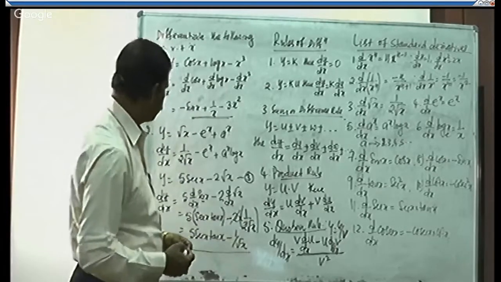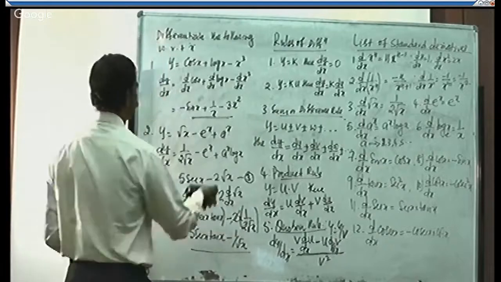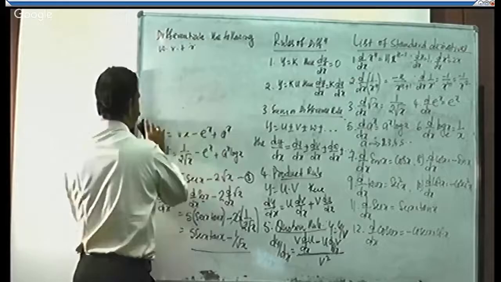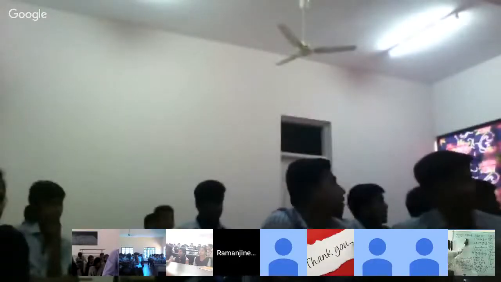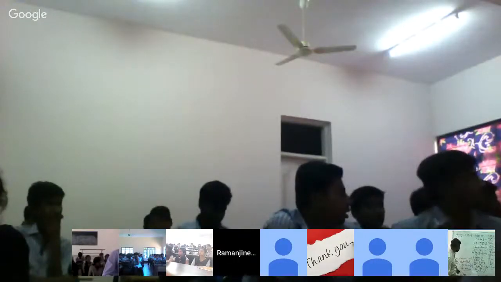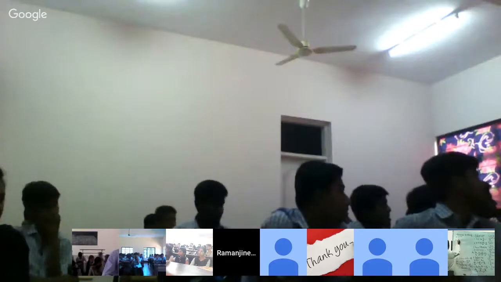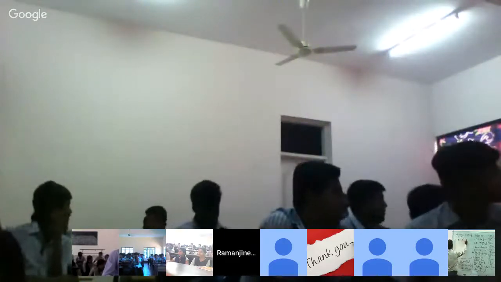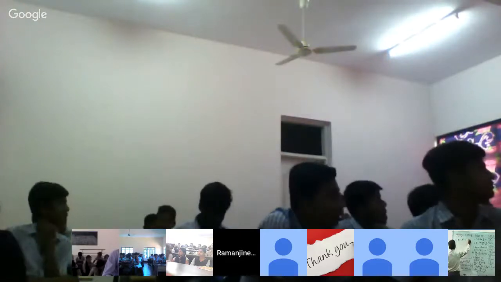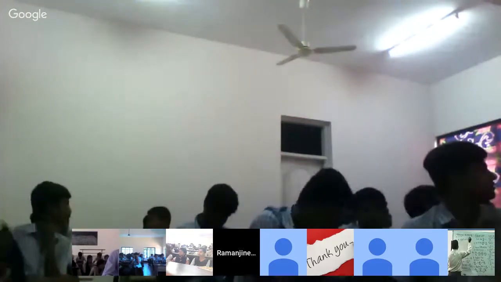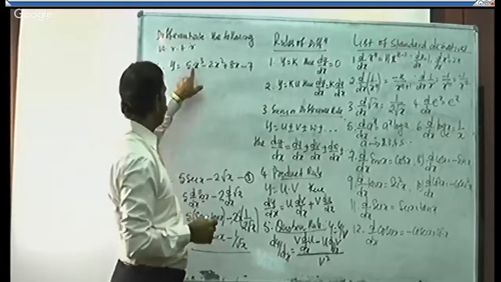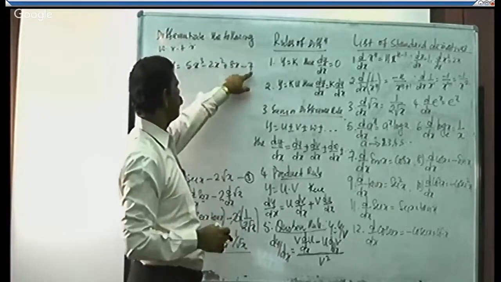Let us take some more examples for the third rule. Y is equal to 5x cube minus 2x square plus 8x minus 7. How many terms are there? 1, 2, 3, 4. 4 terms are there.